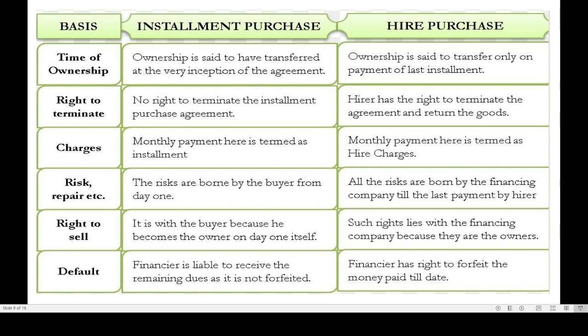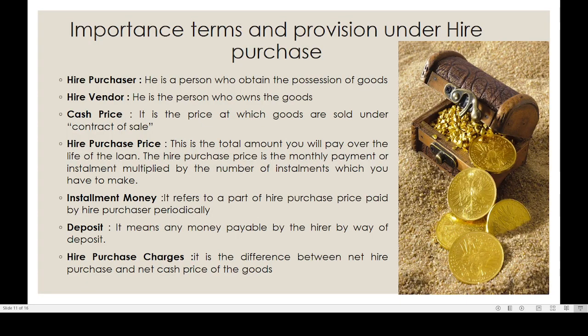What about the risk? Under installment system, once you purchase the product and become the owner, you have all the responsibility to bear the risk. But under hire purchase it is not like that. As you are not the owner, if anything goes wrong, everything should be taken care of by the hire vendor. So this is about the installment as well as hire purchase system.